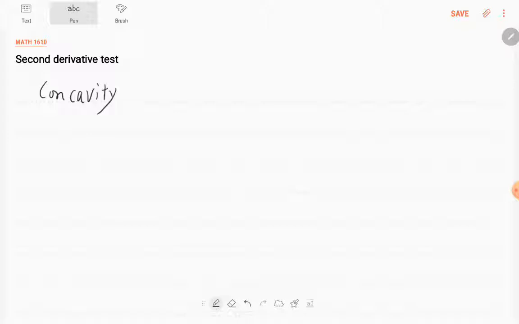So first we need to determine how the function bends. It will bend up or bend down. Okay, so let's look at some graphs.